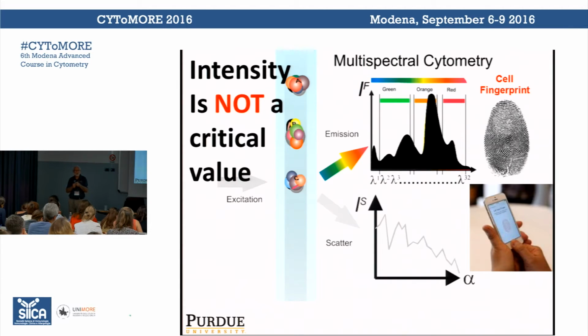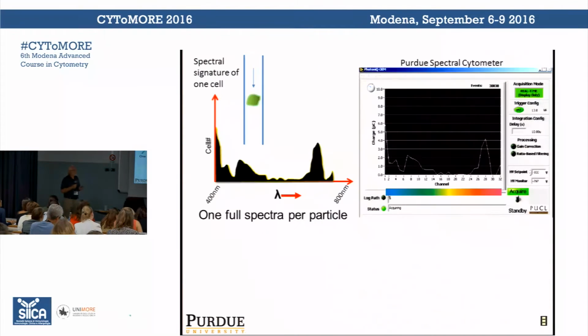And so in hyperspectral cytometry, some aspects will have very low intensity, some will have very high intensity. But if you put it all together, you have a signature. So here is an instrument that we built many years ago, and here's the interface to the instrument.